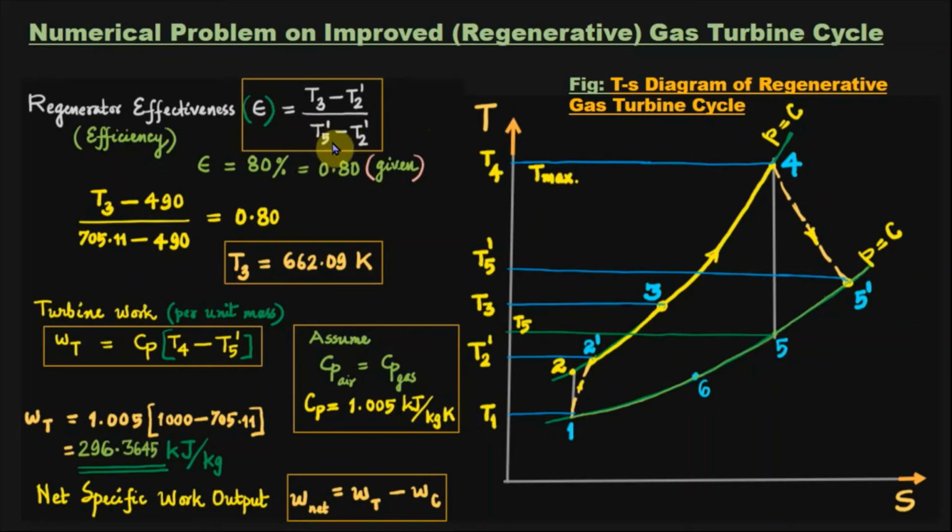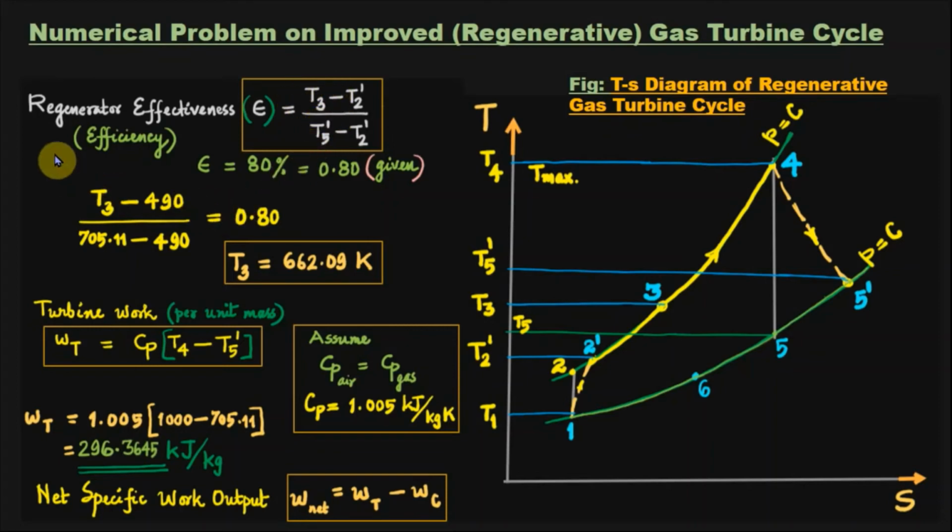Remember, T5 dash is the temperature at the end of actual expansion in the turbine. T2 dash is the temperature of air coming out of the compressor, and T3 is the temperature of the compressed air after getting heated by the regenerator.